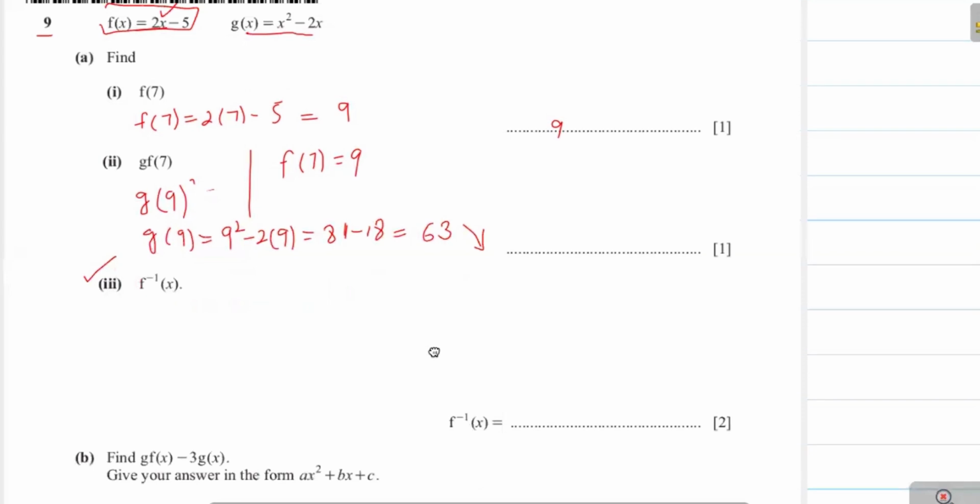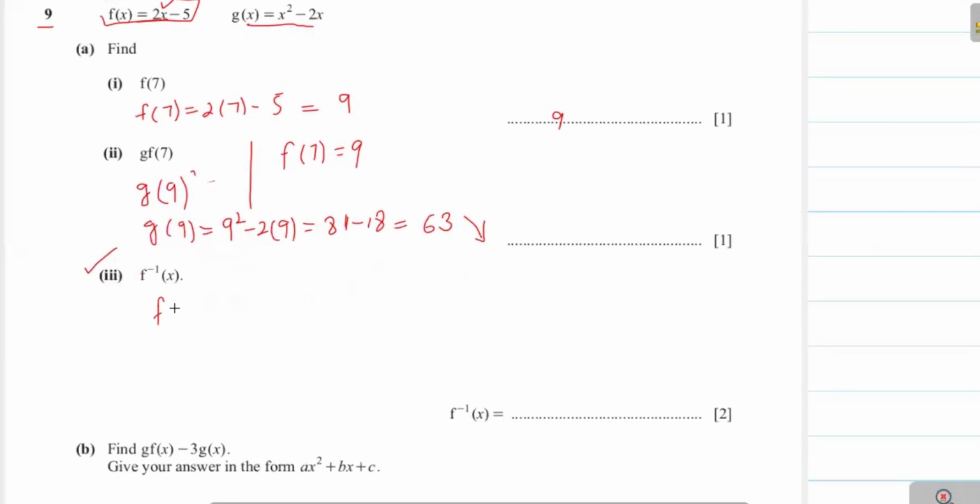And next is the third part, f inverse of x. Look here, f of x is 2x minus 5, and we can write y equal to f of x, and therefore x equal to f inverse of y. If we make x the subject in this equation, we can calculate the inverse. We write y equal to 2x minus 5, and we shift the 5 from the right to the left side.